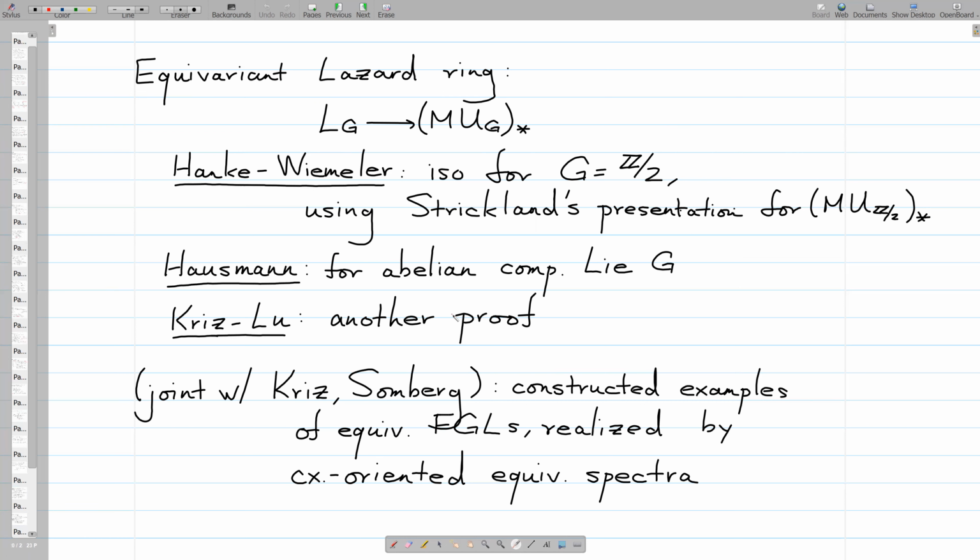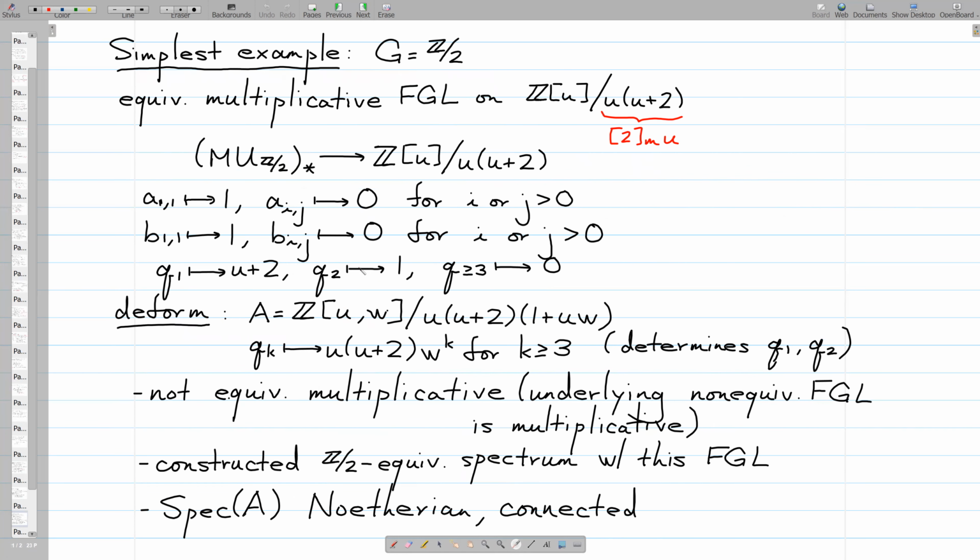Chris and Lu have another proof, and jointly with Chris and Somberg, we constructed various examples of equivariant formal group laws realized by complex-oriented spectra. Some of them are done by finding a ring and defining precisely a map from your MU_{Z/p} star into that ring. I had some slides on this, but I didn't get a chance.